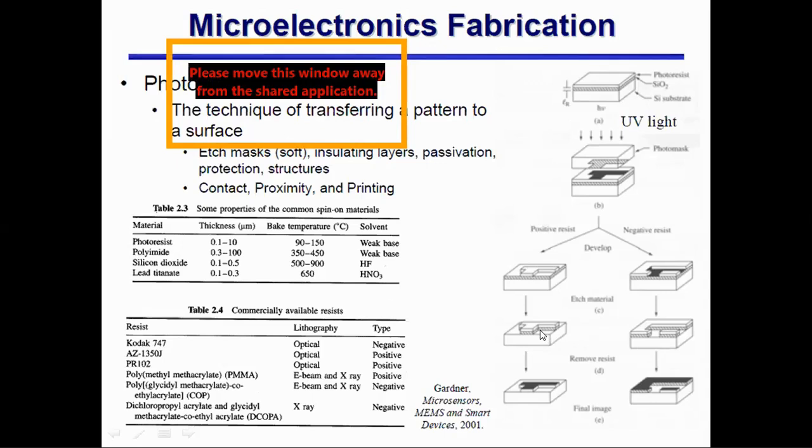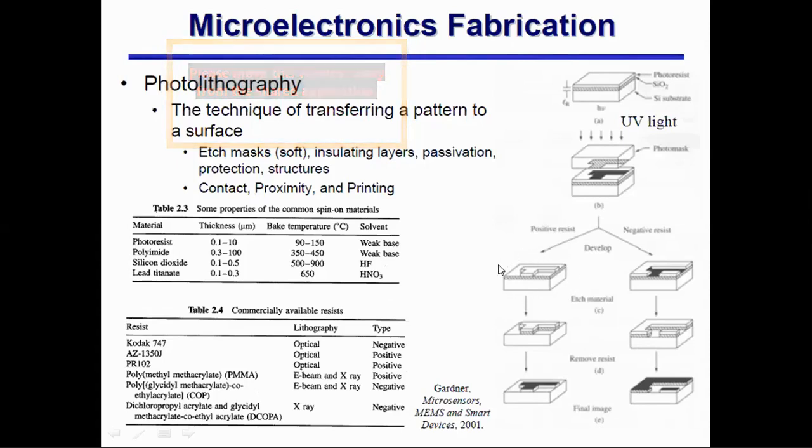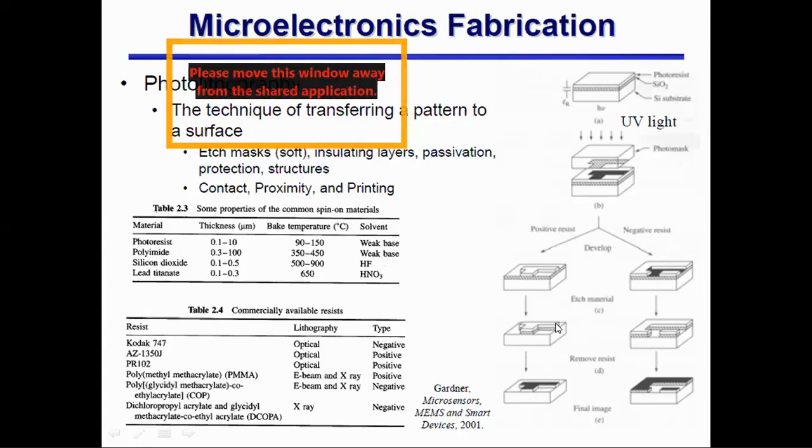Hydrofluoric acid actually eats the glass, or it eats the silicon dioxide. So normally, after this, when you would put your wafer inside the HF solution, dilute solution of hydrofluoric acid, the hydrofluoric acid would not eat the photoresist.